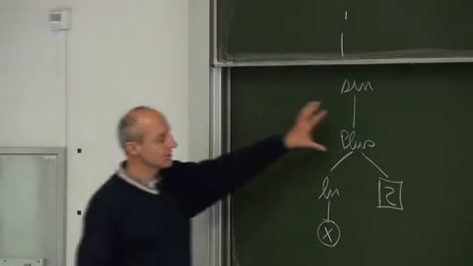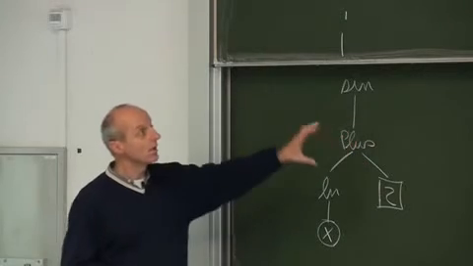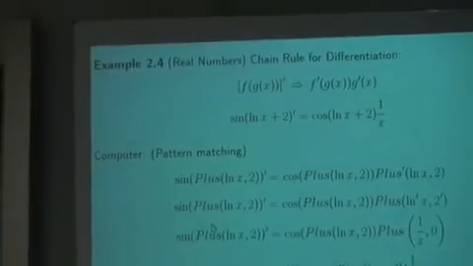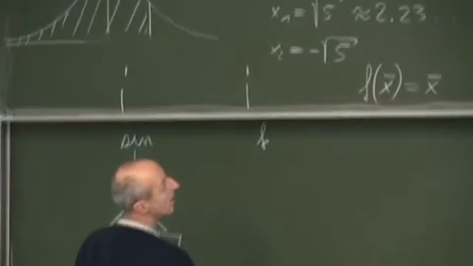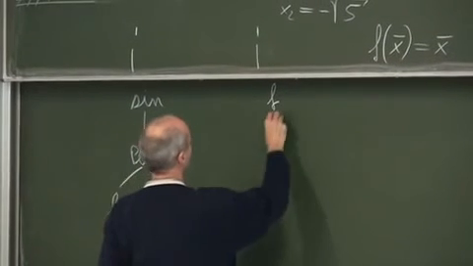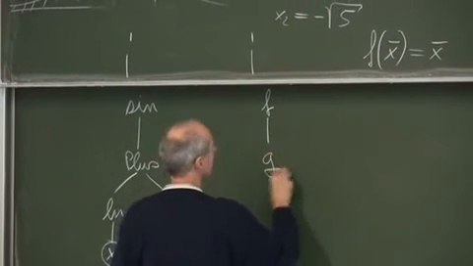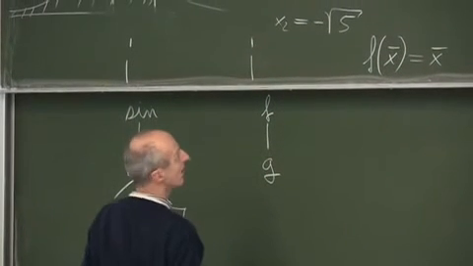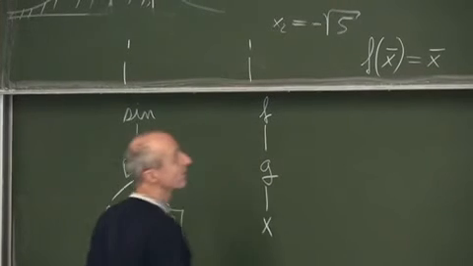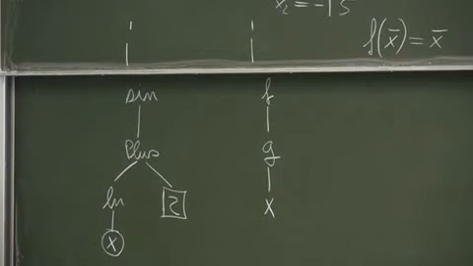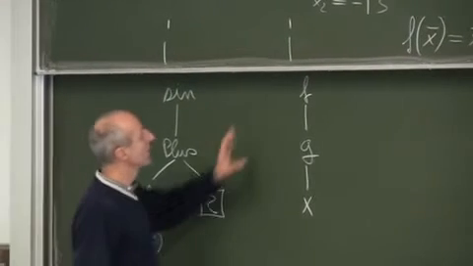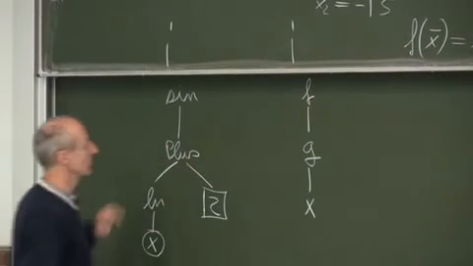And now I have this tree structure, and now I look at my rule. My rule is a tree structure which is pretty similar. We have the derivative of f of g of x. And now we have to match this tree with this tree.